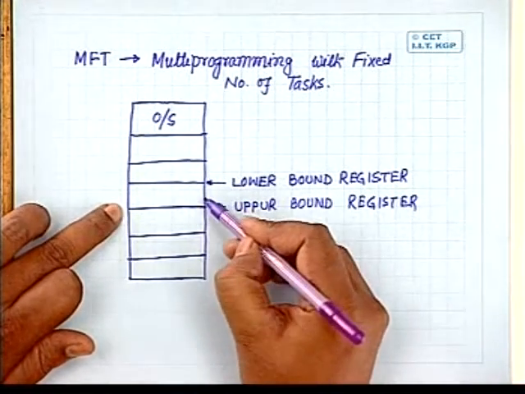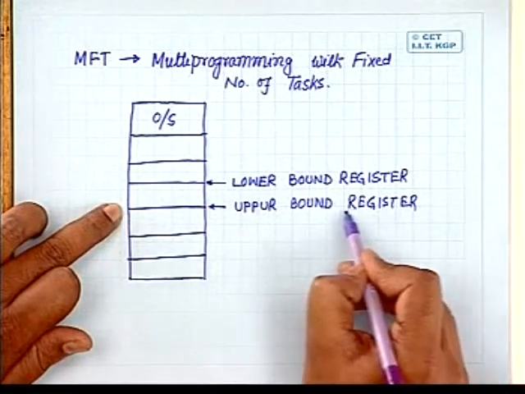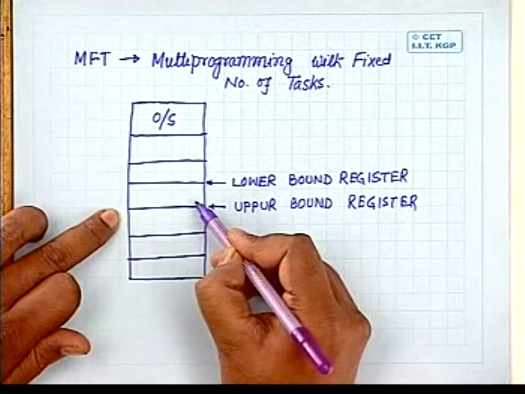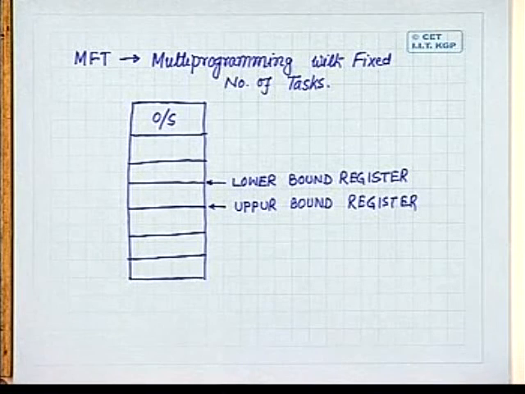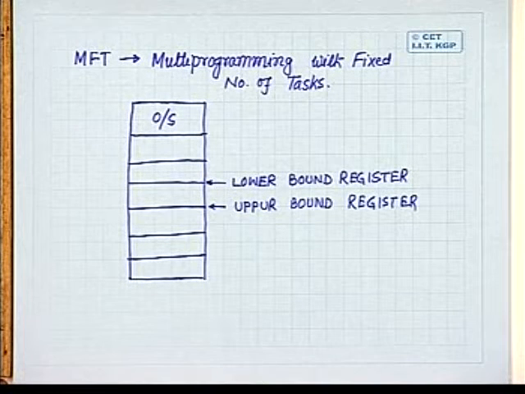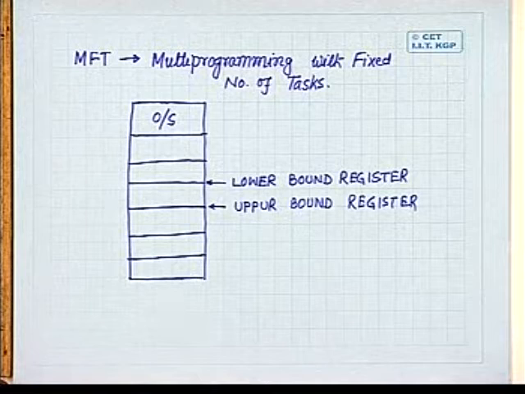Similarly, if the address generated by the CPU becomes more than the upper bound register content, then also the process is trying to access some memory area which is not allocated to it. So now instead of having only one check on the fence register, I have to have two checks, one with the lower bound register content and the other with the upper bound register content. So I have to have two comparisons. Again, these comparisons can be made in hardware.